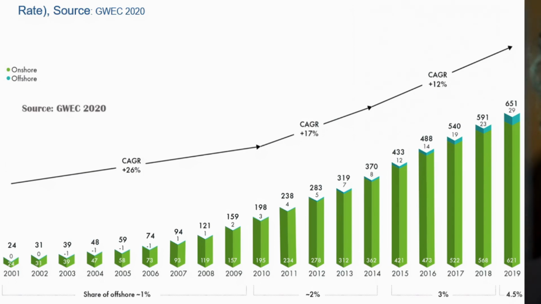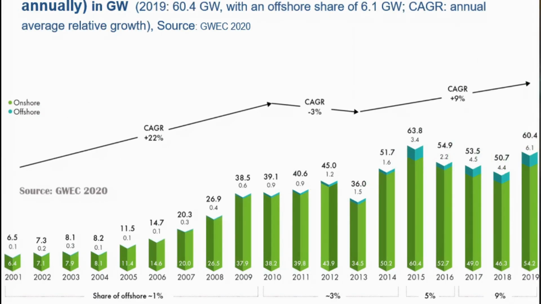The total power installed is in the vicinity of 650 gigawatt nominal power. Here you see the annual growth rates. Now we have a growth of about 9% each year of installed capacity. Last year, 2019, we had about 16.4 gigawatt with an offshore share of 6.1 gigawatt.